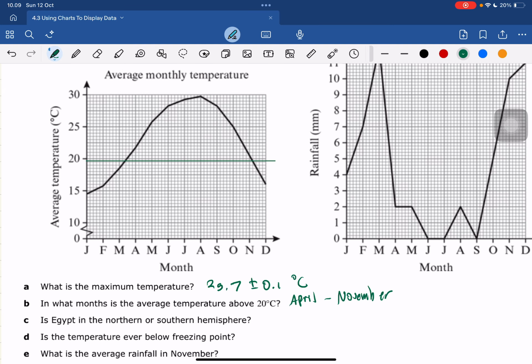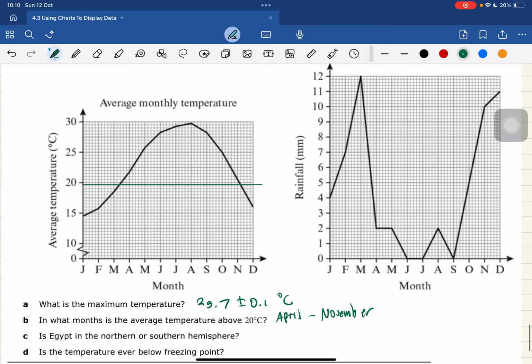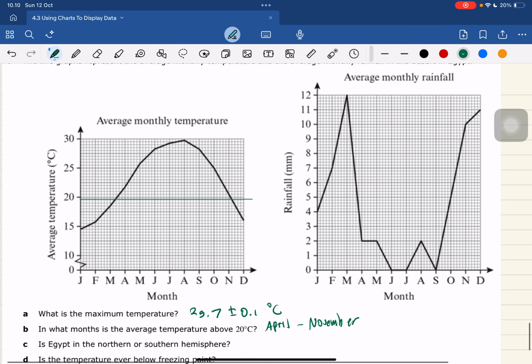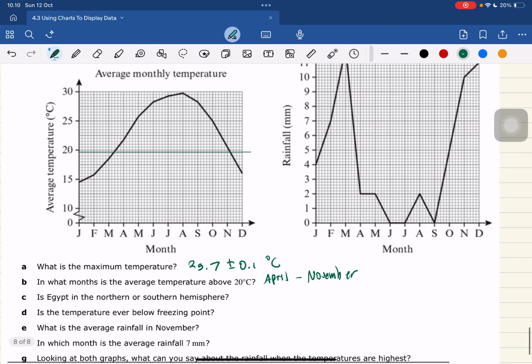Is Egypt in the northern or southern hemisphere? Okay, so the Egypt is on northern hemisphere.